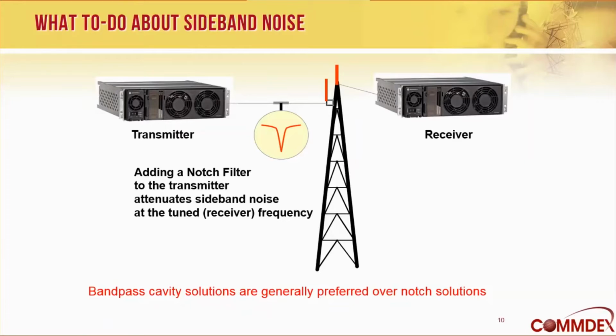Okay, so you put a notch filter in the transmit line, tune it to the receive frequency, and notch out the signals on the receive frequency.